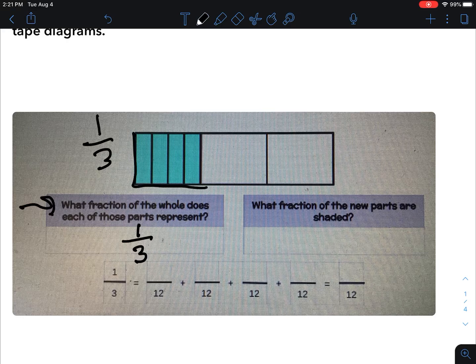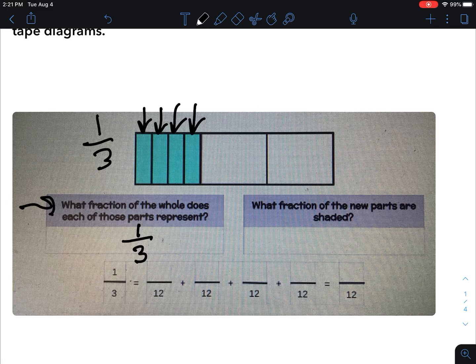Like I said, the big parts, and then you're going to have to look at the smaller rectangles. So the next question is, what fraction of the new parts are shaded? If you're looking at the new parts, meaning the smaller pieces, you have to divide the whole tape diagram into those smaller parts too.